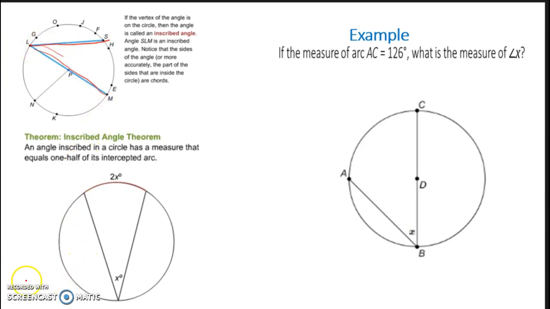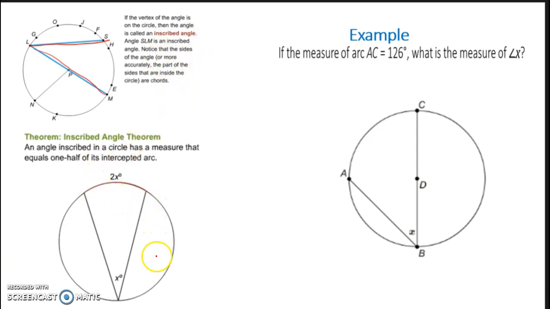So angle SLM here is an example of an inscribed angle. You'll notice that those sides of the angle are actually chords. So it's kind of cool. The sides of the angle that are inside the circle are actually chords of the circle. They cut across the circle just like I was talking about. So both of their endpoints are on the circle.